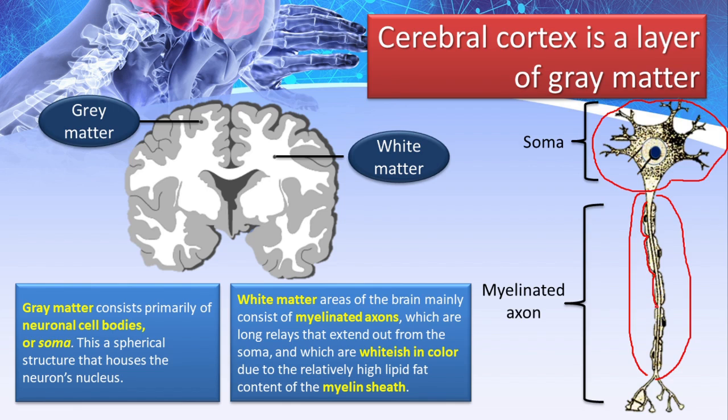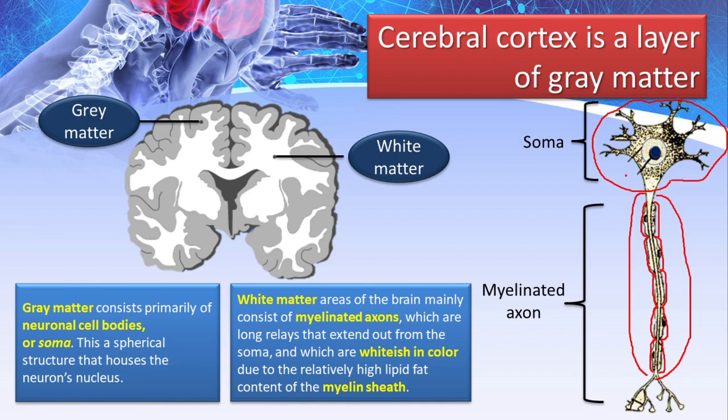Because of the presence of this myelin sheath, the axon has a white colored appearance, and the part of the brain which is made up of these myelinated axons forms what is called white matter.